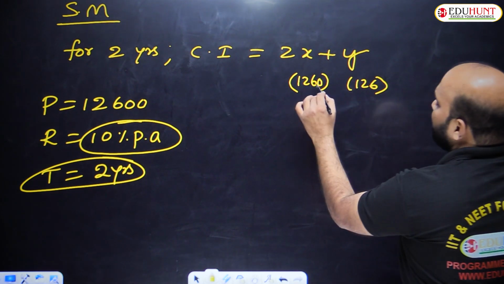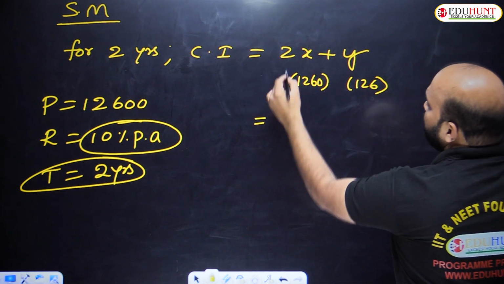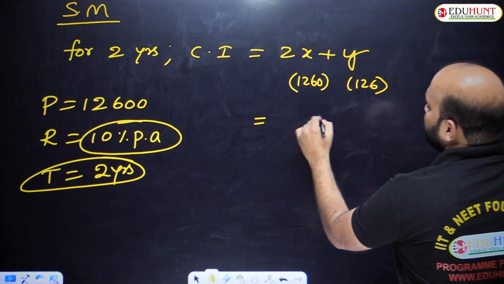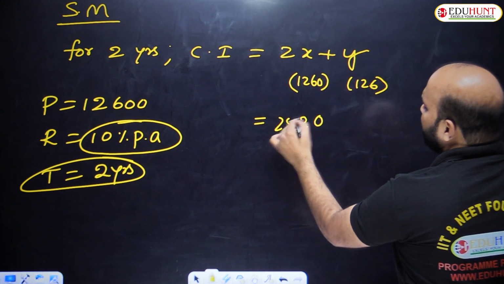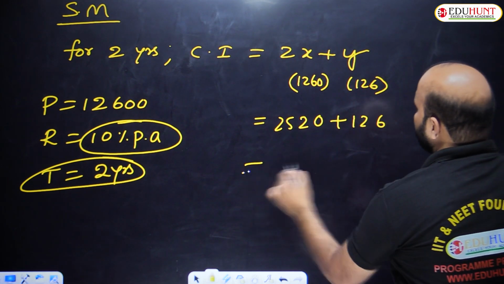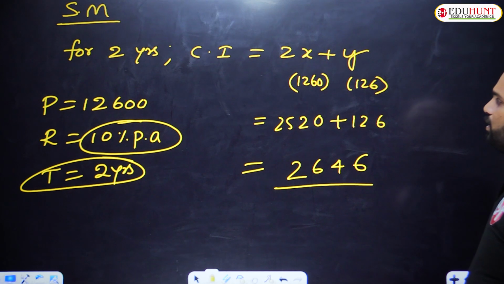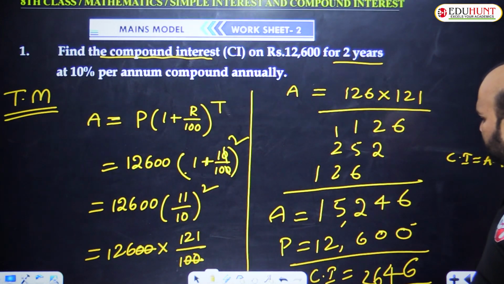Am I clear? So 1260, 10% value of 1260 is 126. So 2x is 2520 plus y 126. What is the total? 2646. This is the compound interest for 2 years according to the Pascal method.